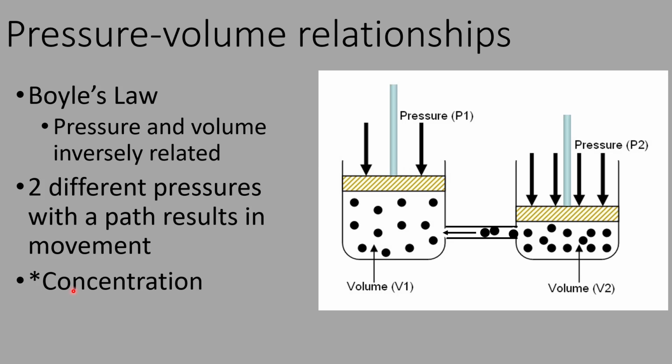Well, there's going to be movement. And the movement is going to go from an area of high pressure towards an area of low pressure. So stuff on the right is going to flow through the pathway towards the left. Things are going to move from high pressure over towards low pressure. Now the question is, how long will that movement occur?